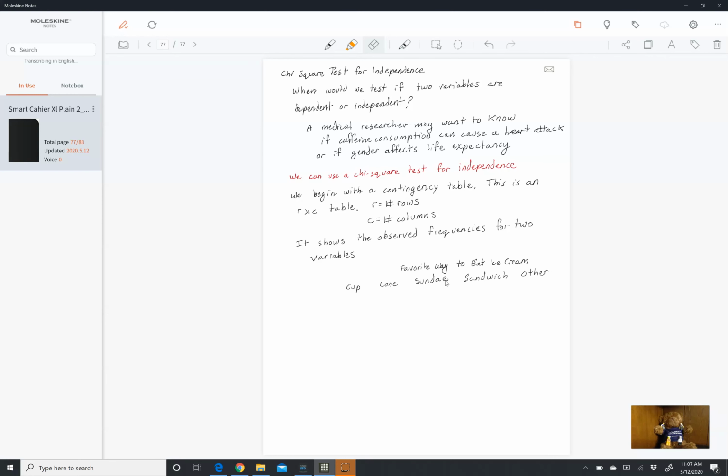So these are the different ways that you might eat ice cream. And then what we might do is we might break this up into two categories where we say, okay, I want to know, is this dependent on the gender? Do males or females prefer eating ice cream in different ways?